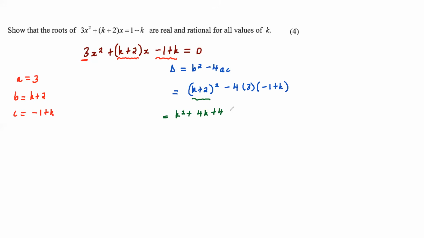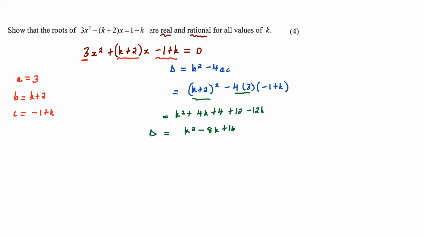Eventually, I end up at plus 12, because this is negative 4 times 3 times minus 1, plus 12 here, and then also minus 12k. Let me gather the like terms together. When you do the math, you'll end up at k squared minus 8k plus 16. This is the discriminant.